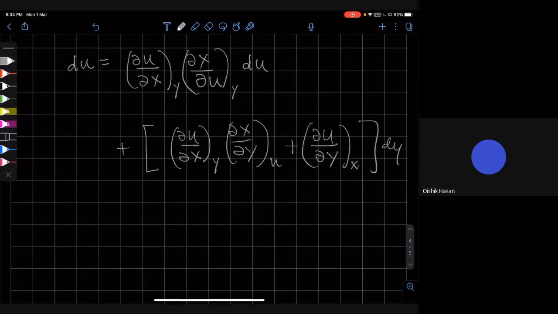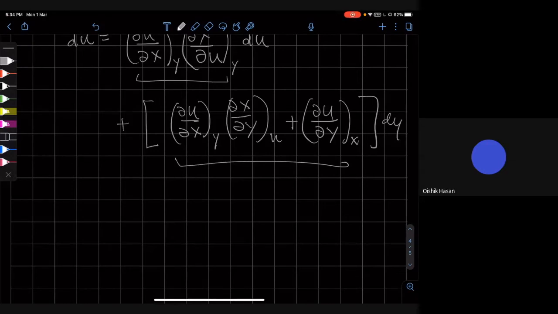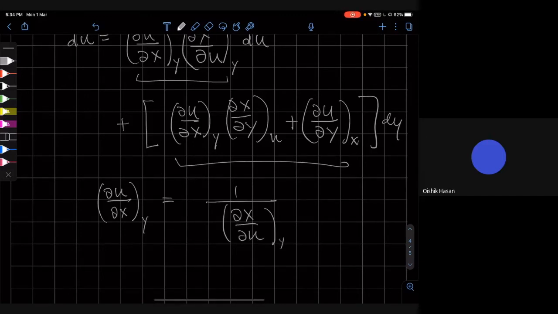Of course, the left-hand side and the right-hand side should agree, and therefore this should be 1 and this should be 0. So consistency demands that (du/dx) at constant y is nothing but 1 divided by (dx/du) at constant y. So this is equation A.